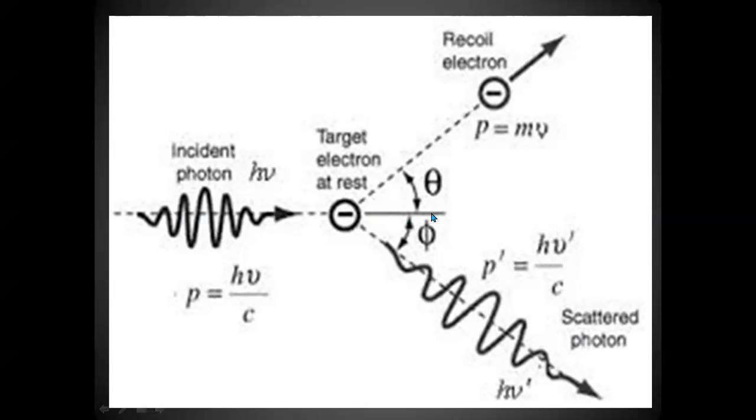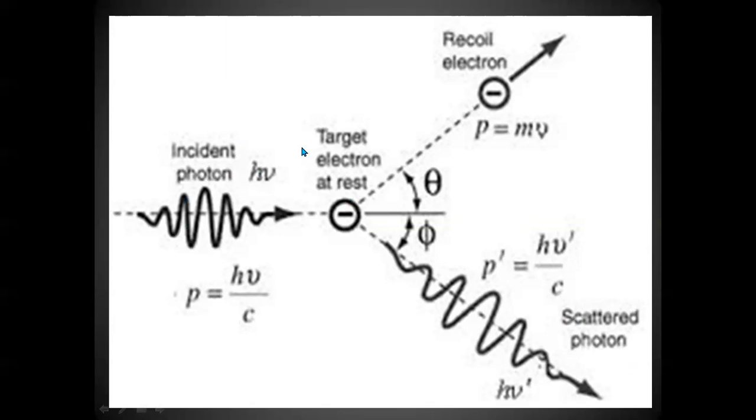This was the path, this was the expected path. This line shows the expected path of the photon. When this photon strikes, the electron will gain some energy and it will be emitted from the solid, and the photon which was incident is deviating from its path. Therefore, it is called the scattered photon.